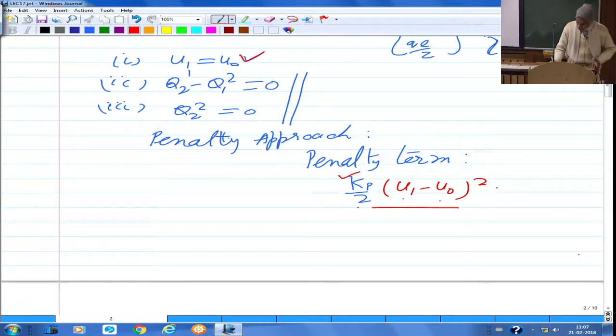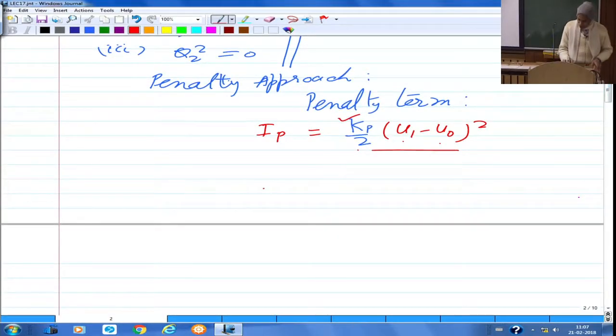This is the energy-like term coming from your boundary condition, and I will call it IP. Now if you look at delta of IP, that is the variation, it would be Kp and twice of U1 minus U0, so that 2 and this half get cancelled.